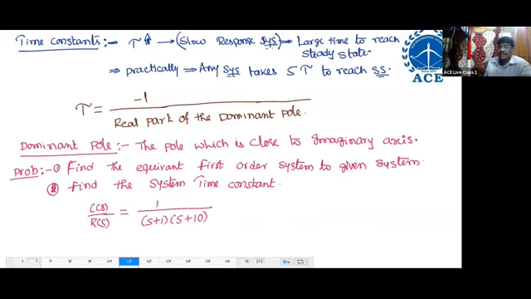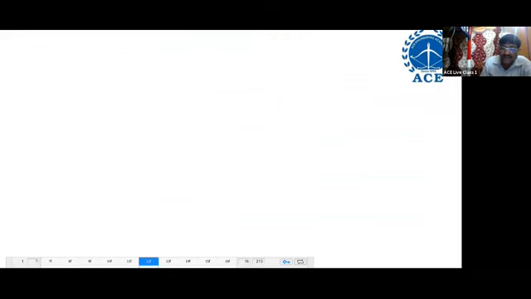So listen. Equivalent first order system means we have to neglect the insignificant pole. Next page. Represent the poles and zeros in the S plane.